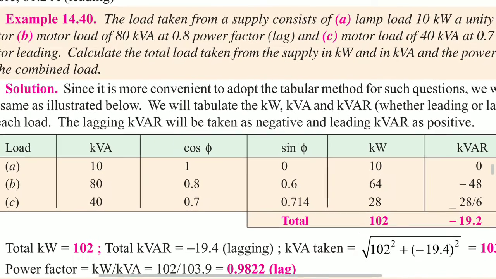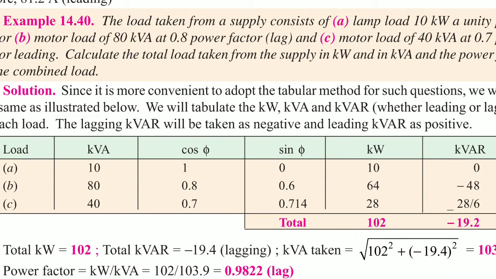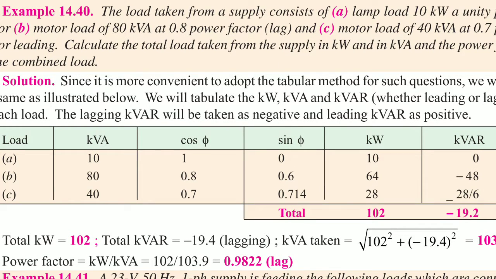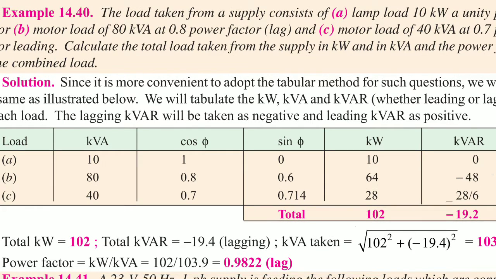Here the lamp kVA is power factor into kilowatts, which gives the kVA rating. Write it down: kVA is equal to kW into cos phi. So what is the kVA of the lamp? 10 kVA.